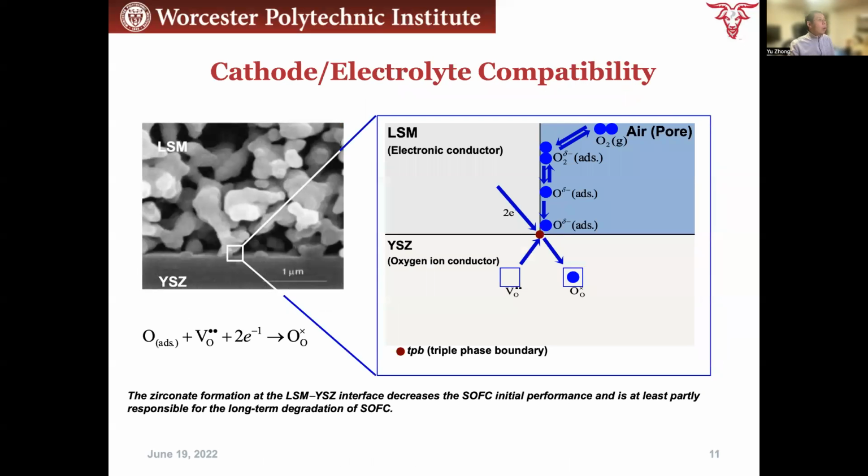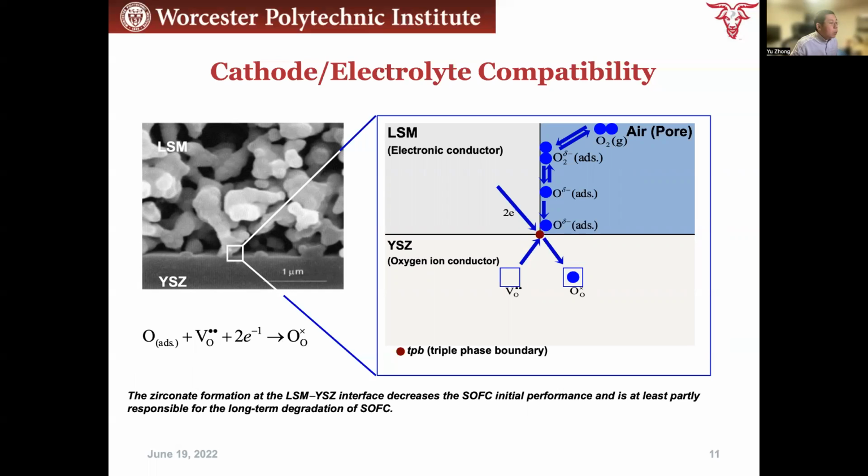Okay, so the next topic I want to talk about is the cathode-electrolyte compatibility. This is very critical because the main reaction we have here is how the oxygen from air will transport and change into oxygen in the YSZ lattice. And this reaction will only happen at a triple phase boundary.